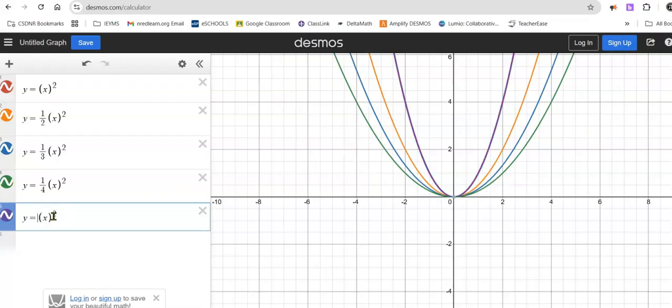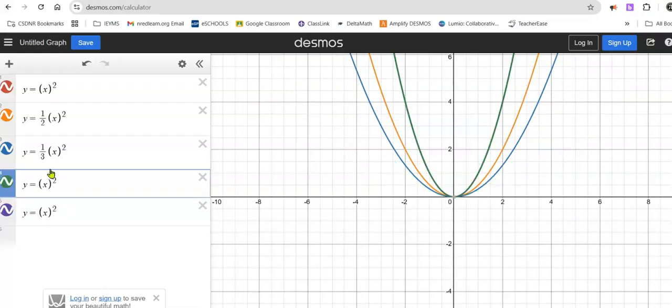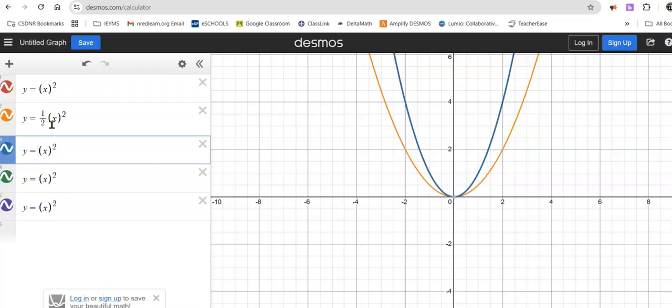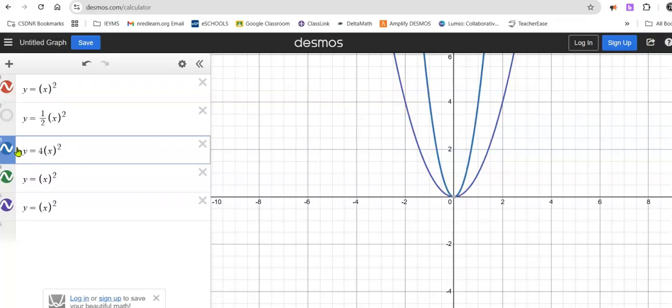So when you have a coefficient that's higher than 1, you are stretched vertically by that factor. So this one here in orange is widened or compressed by a factor of 1/2. This one here is more narrow or stretched vertically by a factor of 4.